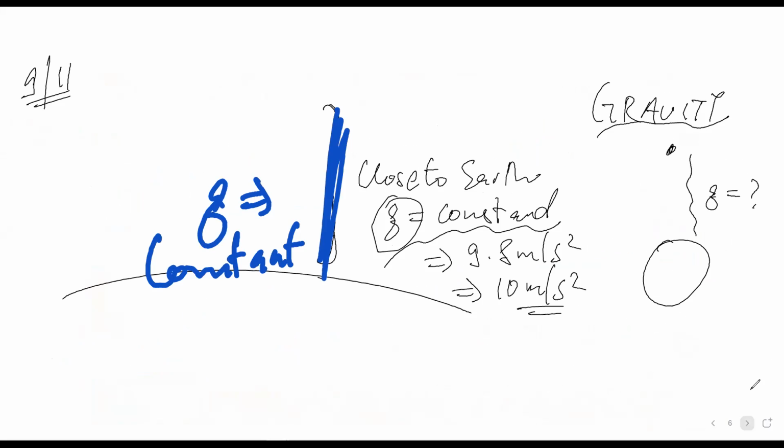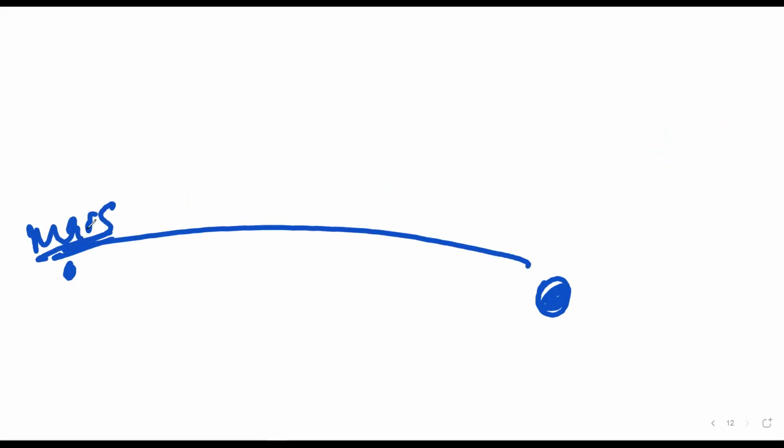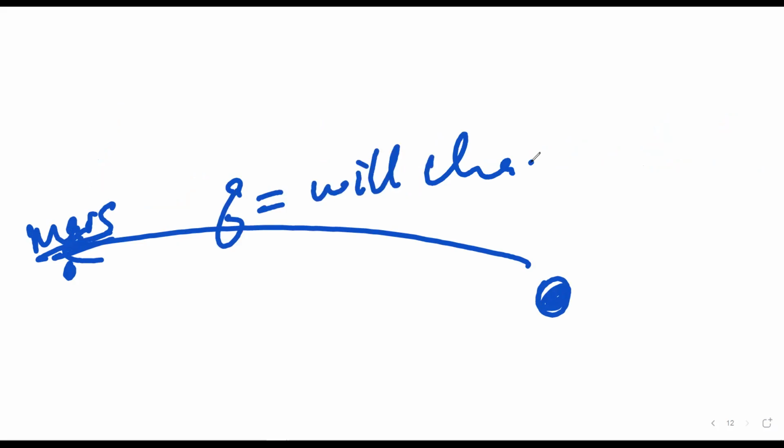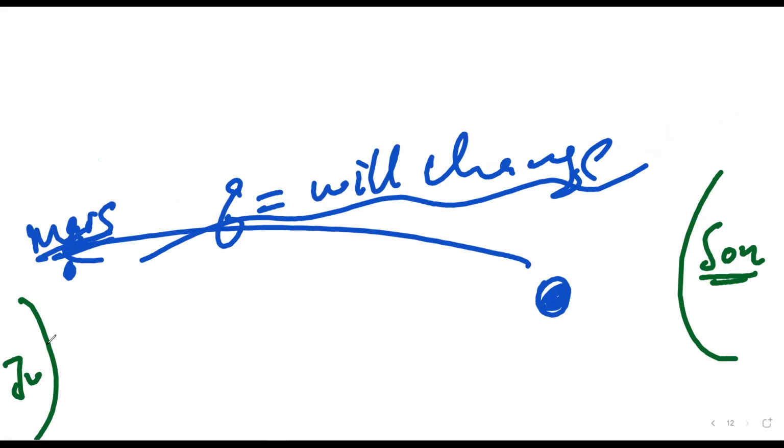But when you go far away from Earth, for example, if you are sending a satellite to Mars, throughout this journey the acceleration will change. Are we clear? And then when we go in space, we'll have to take care of all kinds of net acceleration. There would be acceleration due to the effect of the sun. There will be acceleration due to the effect of Jupiter, and all kinds of nonsense would be happening. And that is why they call it rocket science.